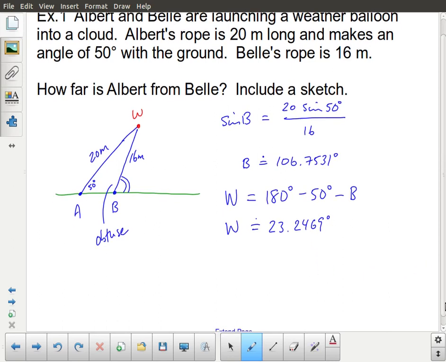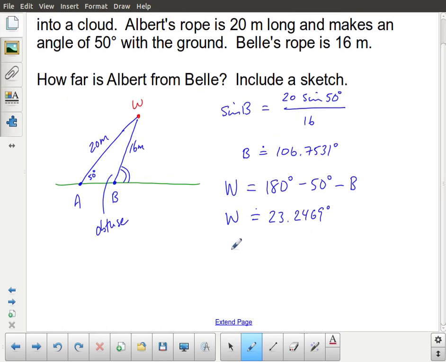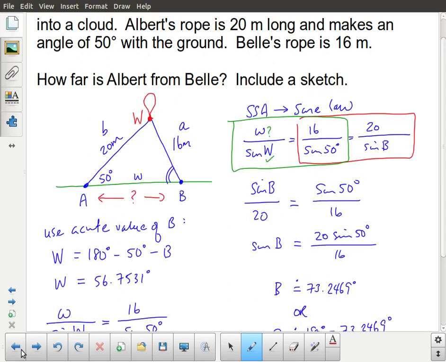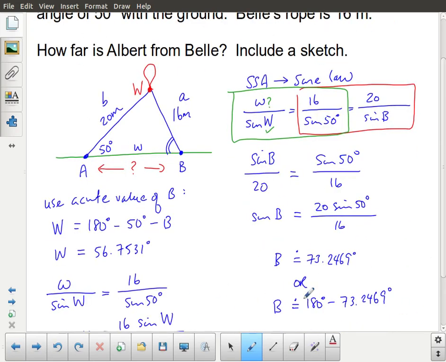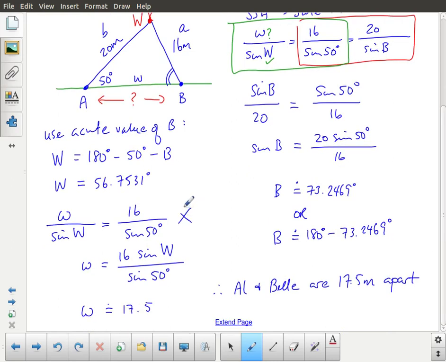And now I can use the sine law again, which says that the side length W divided by the sine of the angle W is the same as the side length for A divided by the sine of the angle for A. Notice that it's the exact same relation that I used before. It's just that now this angle W has changed.